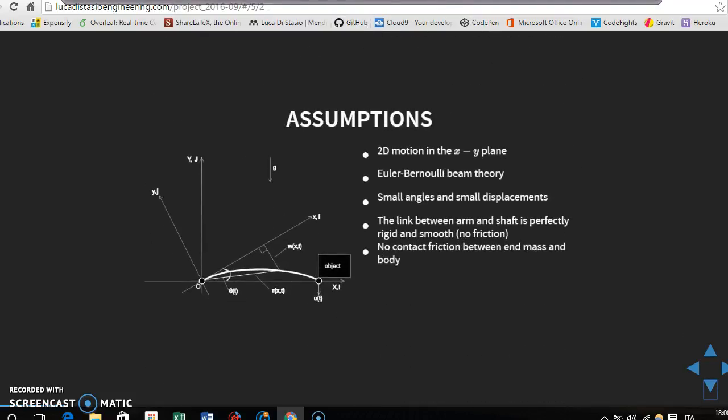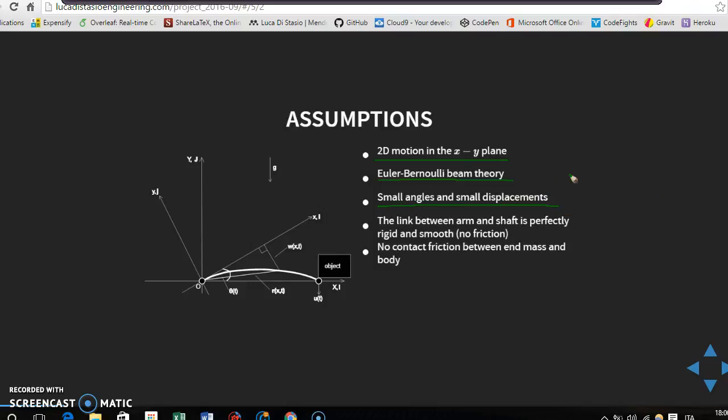So, assumptions. We are going to work in 2D. The beam is assumed to be slender, and to satisfy the Euler-Bernoulli beam theory, small angles and small displacements are assumed.